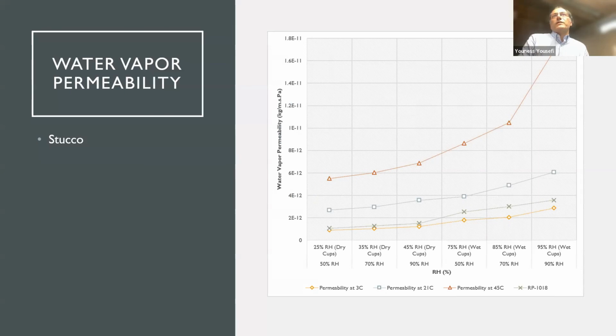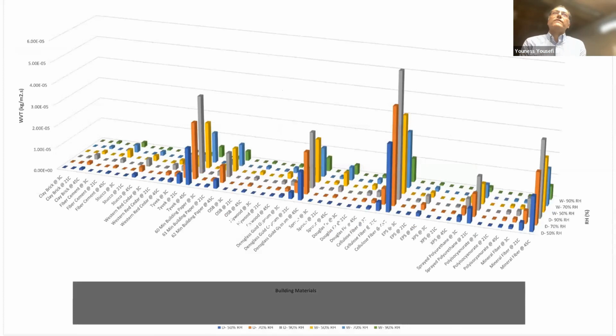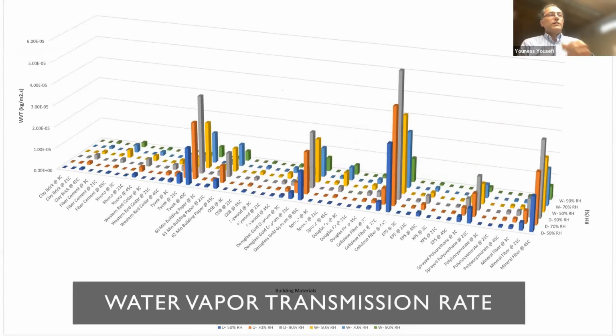For water vapor permeability, this is a sample for the stucco, which increased with temperature, and this is the normal graph for the vapor permeability. Here you can see the transmission rate, the vapor flux through the material.